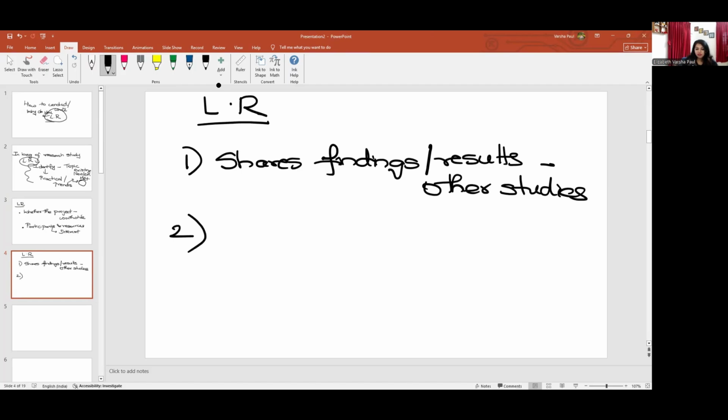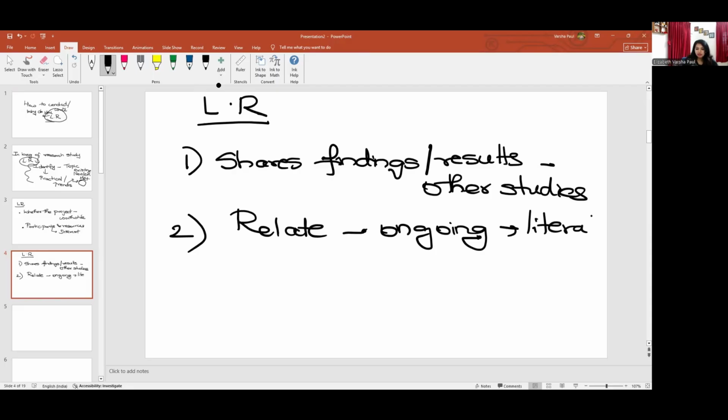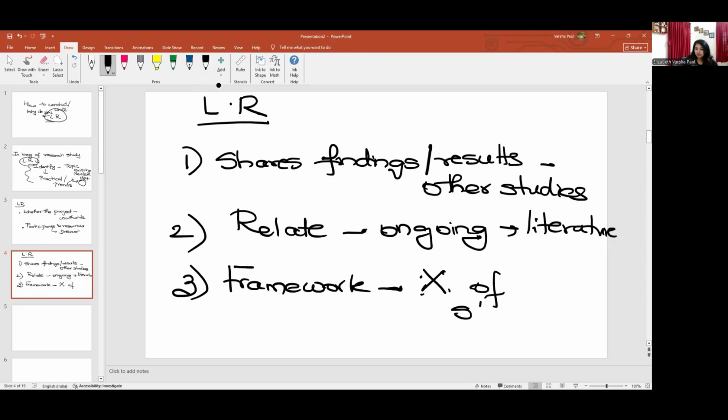Number two, you can relate your study with the ongoing field in the literature. The third one, it gives you a framework for understanding the importance of your study. So why is my study pertinent? Why is my study so useful?